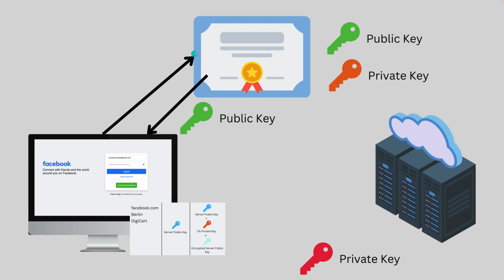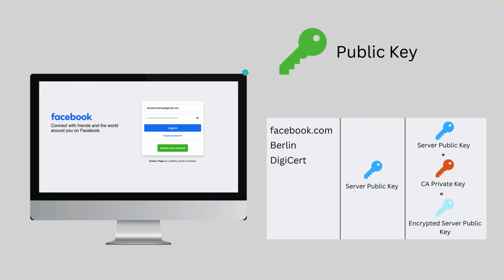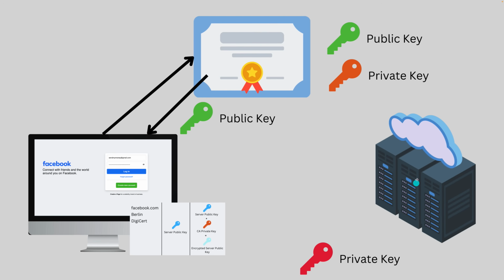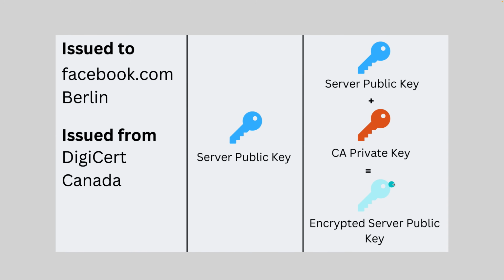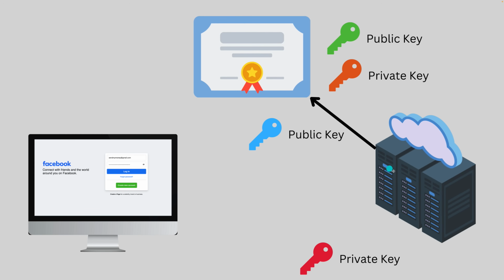So it's going to say, hey, DigiCert, I want your public key, give it to me. So we're going to go ahead and take this public key from DigiCert. So now we have the public key of DigiCert. We have the server public key, which is this key right over here.